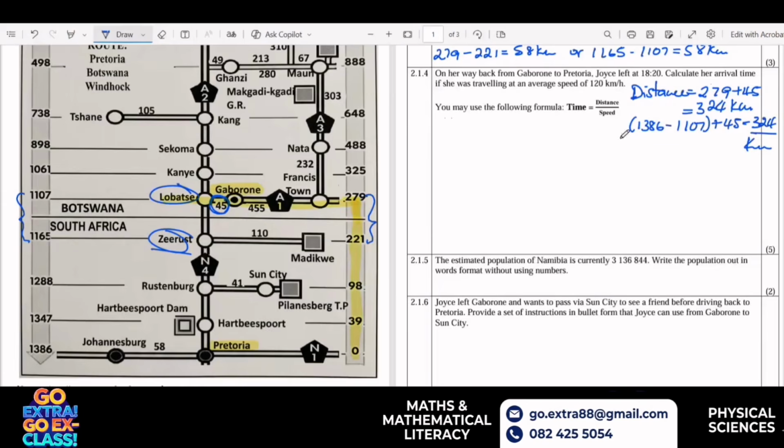Now we already have the distance, and the speed is already given to us, which is 120. So what is the traveling time?